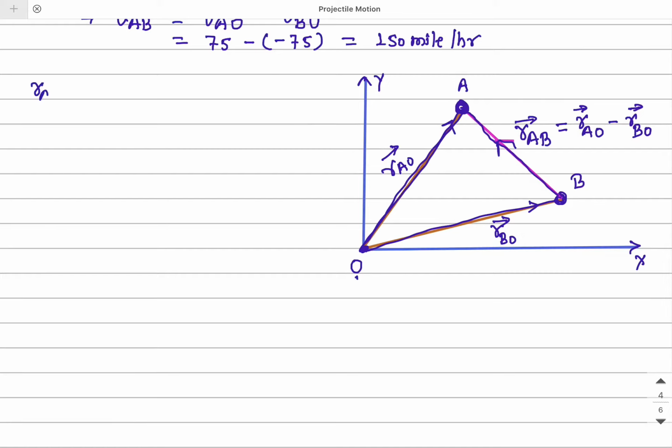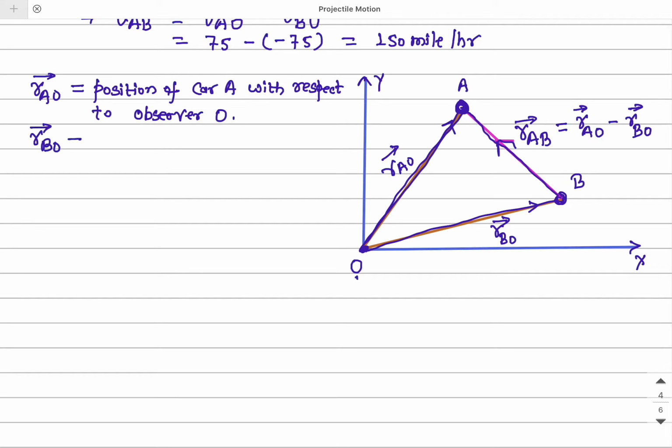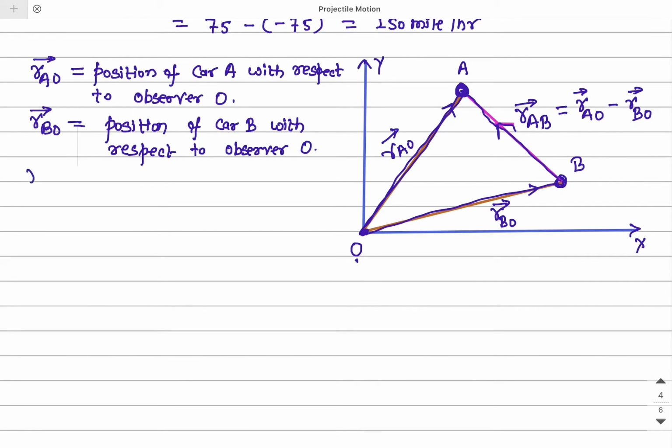So the RAO vector is the position of car A with respect to observer O. Similarly, RBO is the position of car B with respect to observer O. Now our goal is to find out RAB.